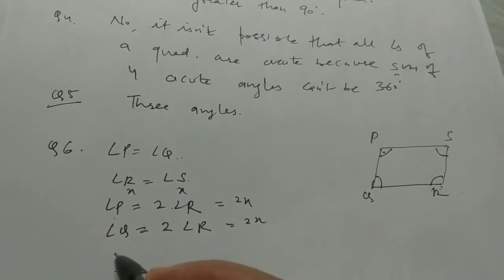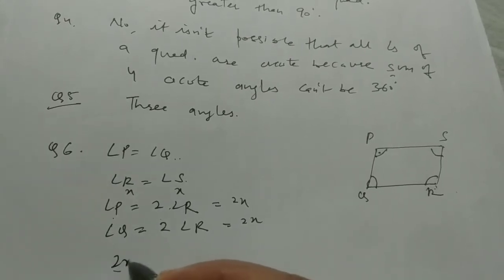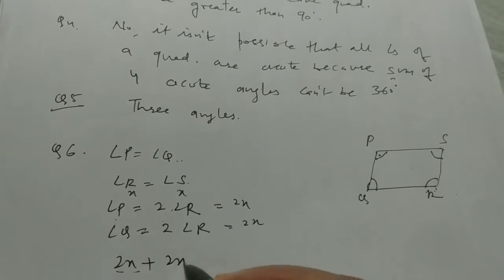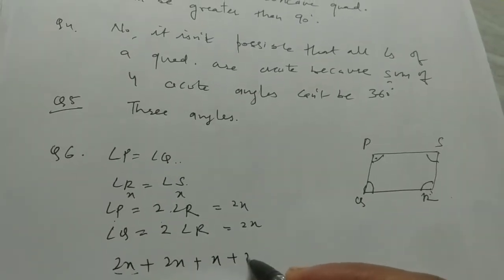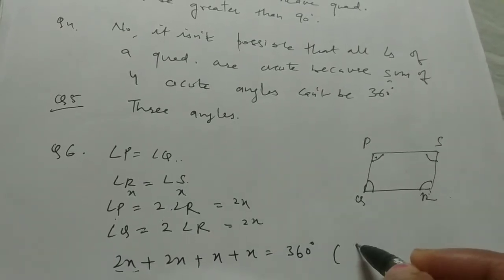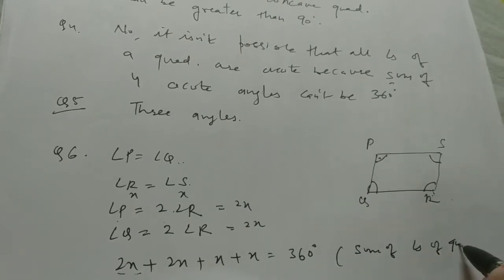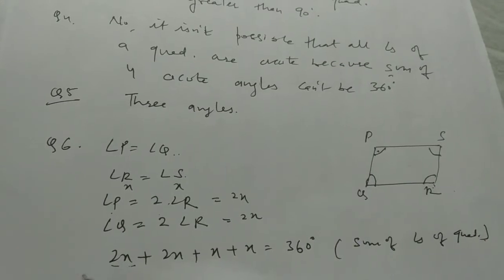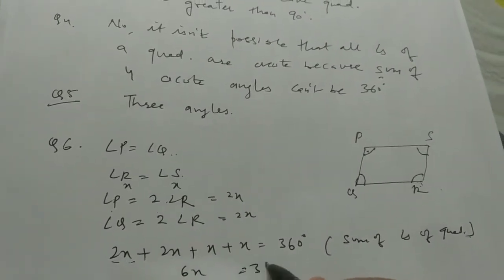So we would write angle P 2x plus angle Q 2x plus angle R x plus angle S x is equal to 360 degree. What will be the reason? Sum of angles of quadrilateral. So now sum up: 2 plus 2 plus 1 plus 1, 6x is equal to 360 degree.